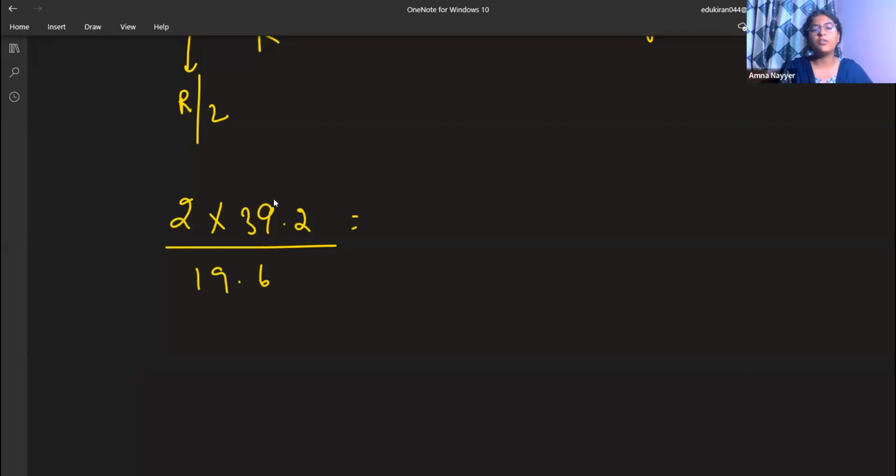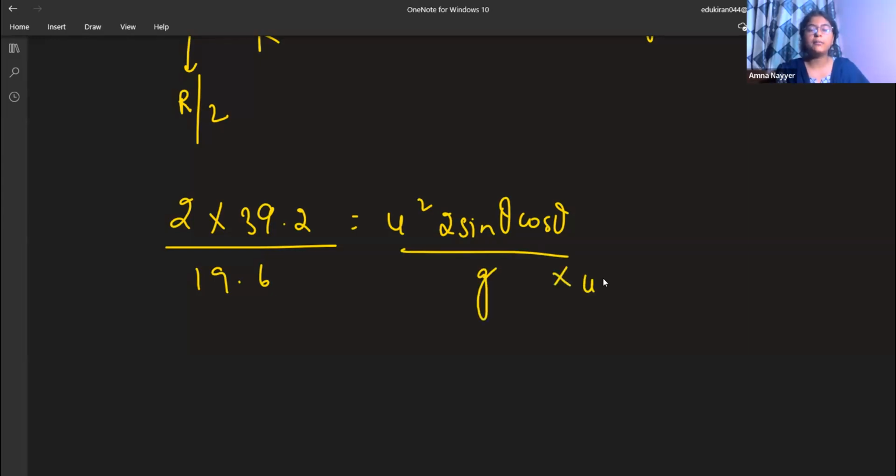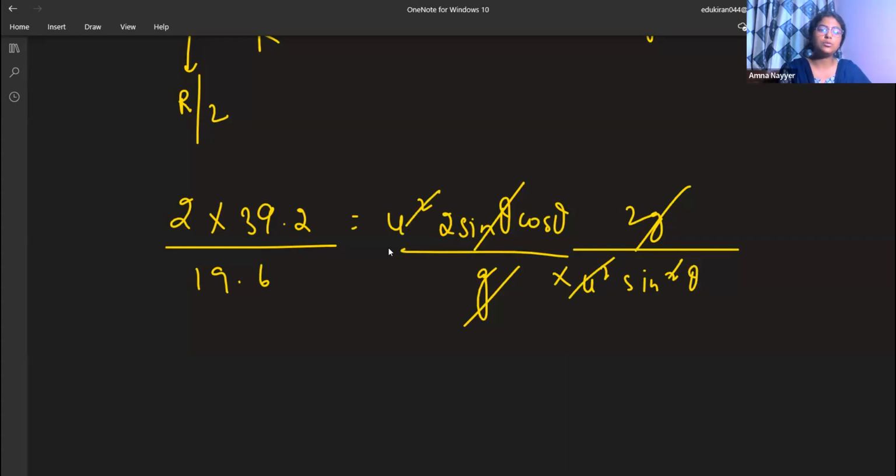What was the formula for range of motion? u square 2 sine theta cos theta. I have told you sine 2 theta can be written as 2 sine theta cos theta, divided by g, multiplied by u square sine square theta divided by 2g. 2g gets cancelled, one sine cancels.